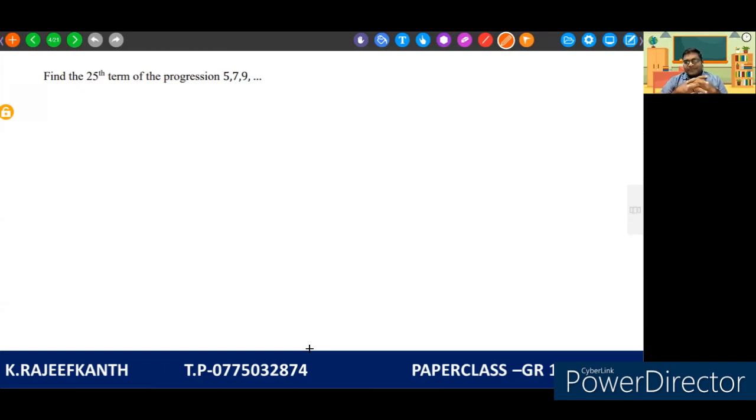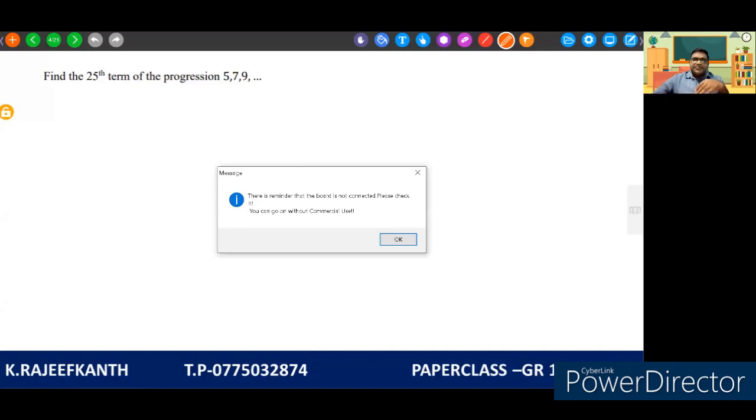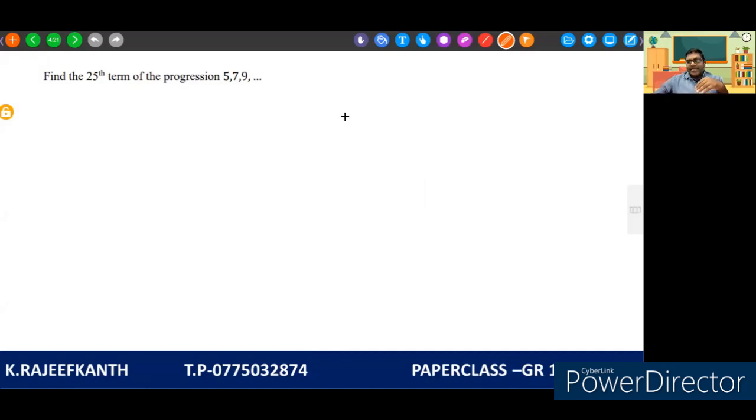And the common difference, d, is equal to 2. Then there is a formula to find the nth term. Tn is equal to a plus n minus 1 into d. So by using that formula, we can find the value of the 25th term.